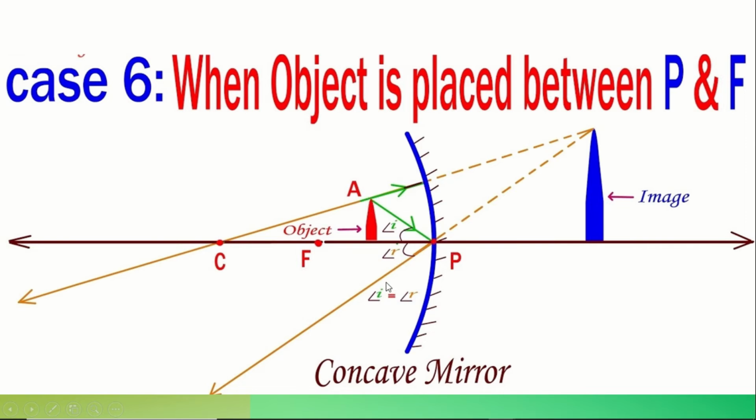It satisfies the laws of reflection, that is the incident ray and the reflected ray make equal angles. So the light rays will coincide at a point behind the mirror, where the image will be enlarged, virtual and erect. So this confirms that when the object is placed between P and F, the image will form behind the mirror, which is virtual, erect and enlarged.